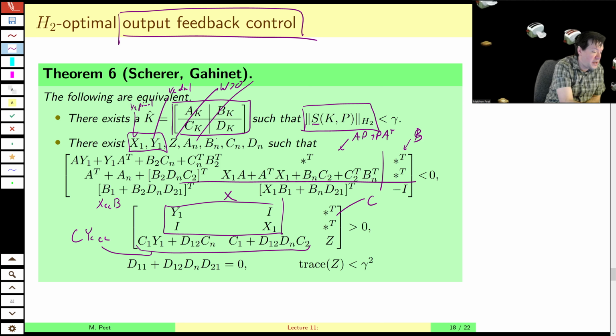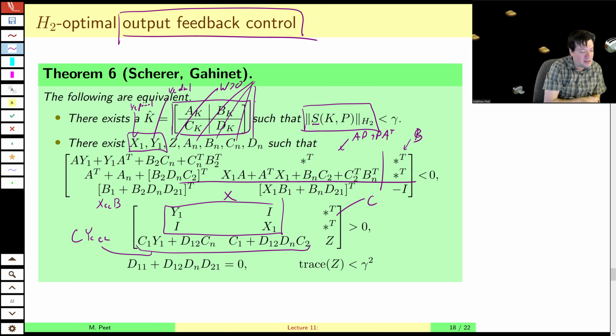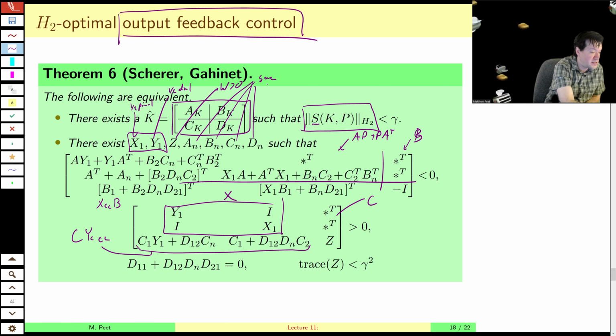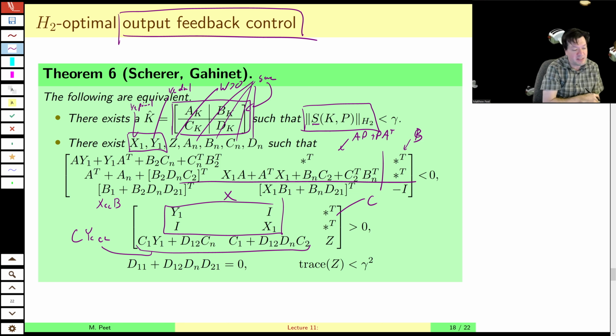The A, B, C and DN are the same transformed variables we had for H-infinity optimal control, and you can recover the controller in the same way from these A, B, C and DNs. They lead in the same way to AK, BK, CK, and DK.